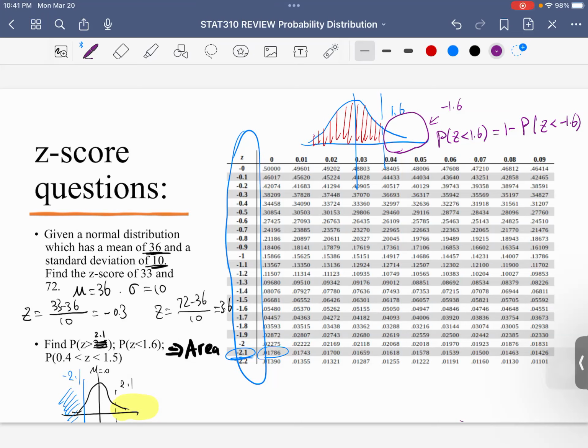The last one, P(0.4 less than z less than 1.5), the value between 0.4 and 1.5.